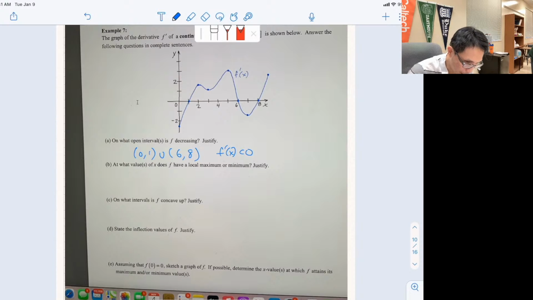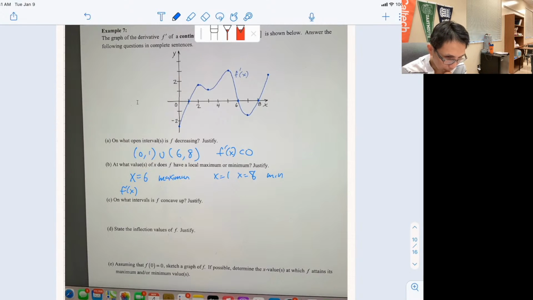What x value has a relative max? Max is going to be x equal to 6. That's going to be a maximum. And x equal to 1 and x equal to 8 is going to be a minimum.